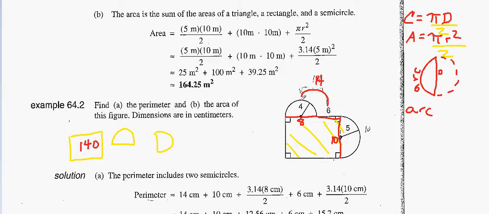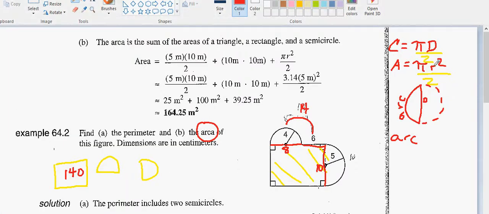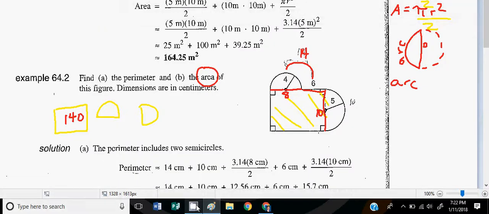Now, let's start with our smaller semicircle. We're doing area right now. So area for a semicircle, pi r squared divided by 2. Pi r squared in this case would come to, let me grab my calculator real quick.